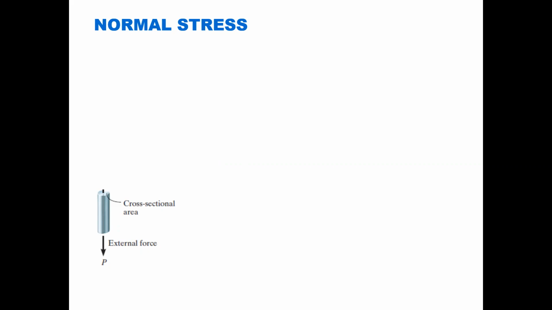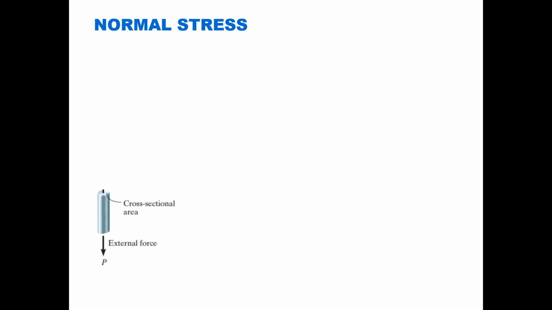So let's start with the normal stress here, and it gets its name because the stresses are normal to the cross section. I have this member here in the bottom left corner. It's being pulled on in a tension manner, and maybe you think back to your trusses in your statics class.